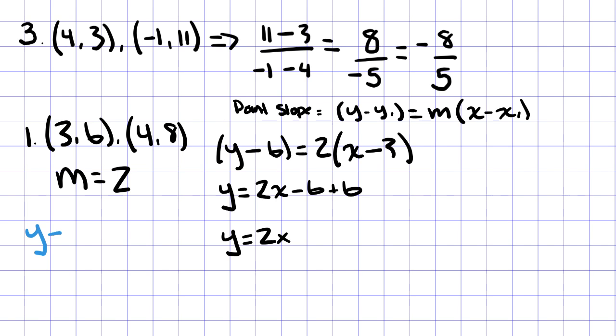So y equals 2 times 3, and sure enough, y equals 6. Doing the other point, we have y equals 2 times 4, y equals 8, and sure enough, that works out.